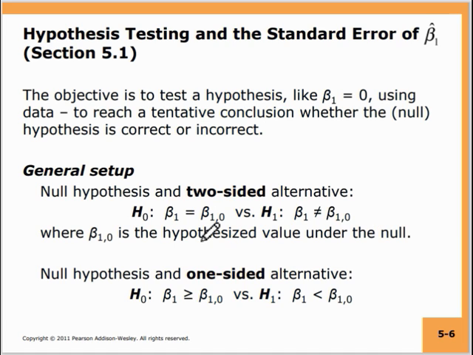That hypothesized value may be 0 or something else. We could also have a one-sided alternative, where the null hypothesis is beta 1 is less than some hypothesized value, and the alternative is beta 1 is greater than or equal to the hypothesized value. These are the kinds of hypotheses that we might state.